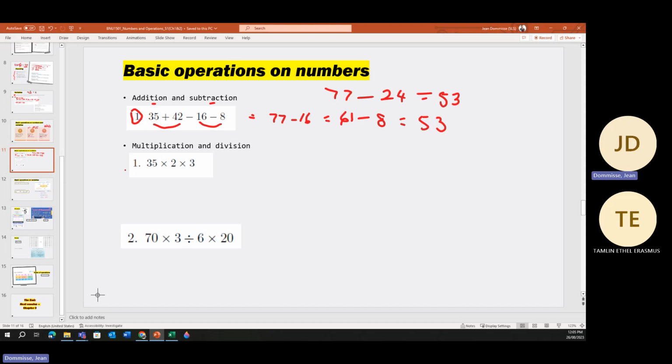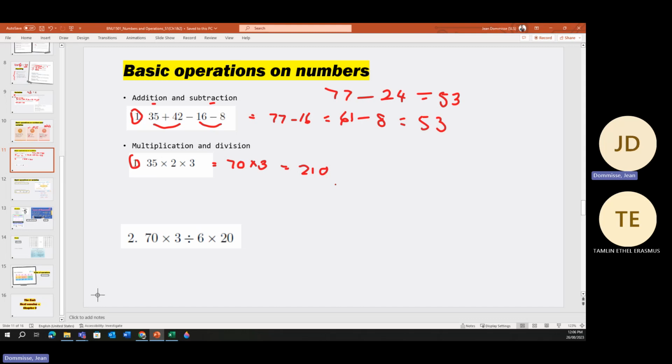Then the next one is looking at multiplication and division. In this instance, we do multiplication first. Here is only multiplication, so this would have been nearly straightforward. 35 times 2, which is 70, and then 70 times 3, and my answer would have been 210.